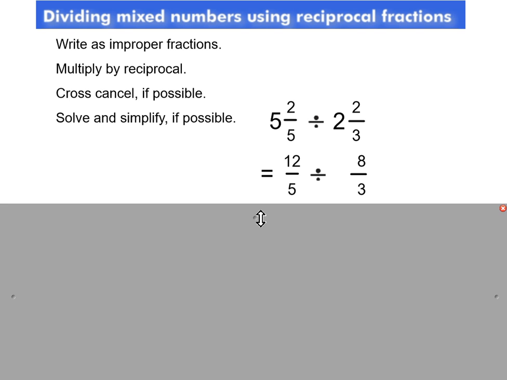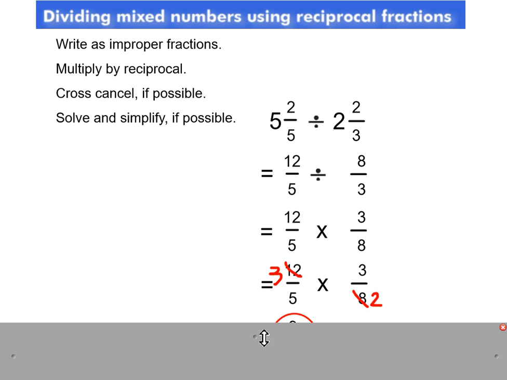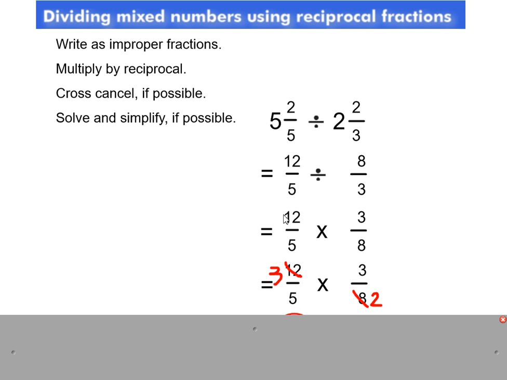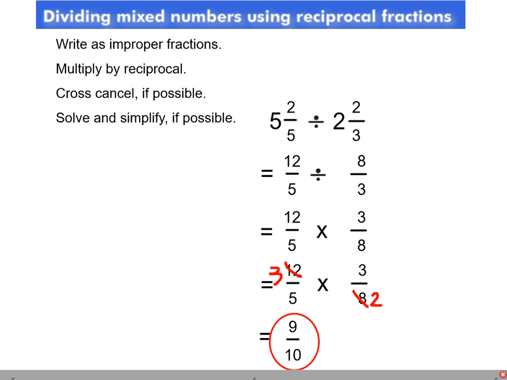Once we have this, we are changing this to a multiplication problem by multiplying by the reciprocal of that second fraction, leaving the first fraction the same. Next, we are double checking if we can cross cancel to make this a little easier, in which we can. We can divide 12 and 8 by 4. So if we divide them both by 4, we get 3 and 2. And then multiply straight across and simplify if needed.